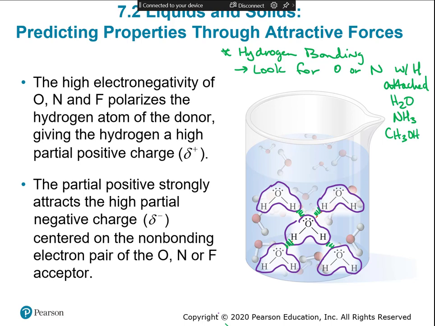All good examples of polar molecules that are going to hydrogen bond because of this attractive force that occurs if oxygen and nitrogen are involved. And fluorine is too, but we really don't talk about fluorine because it's not found so much in the body. But nitrogen and oxygen do.